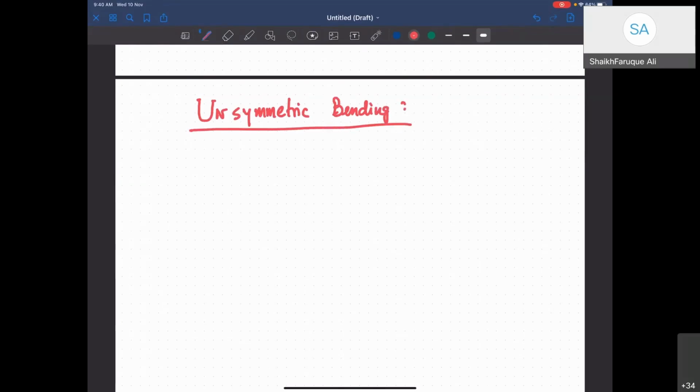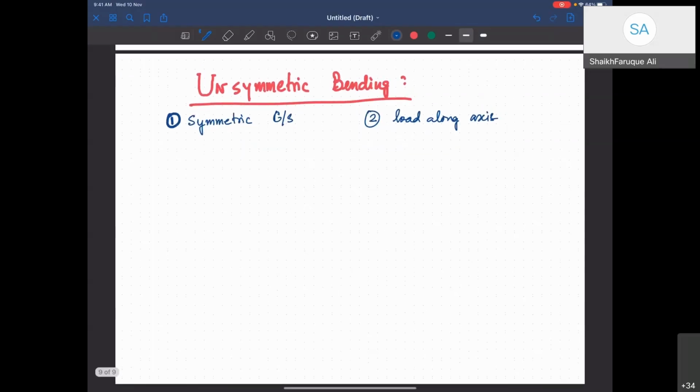Whatever we have seen in our classes has been for symmetric structure, symmetric loading, right? We consider two things. One, symmetric cross section, and two, load along axis.